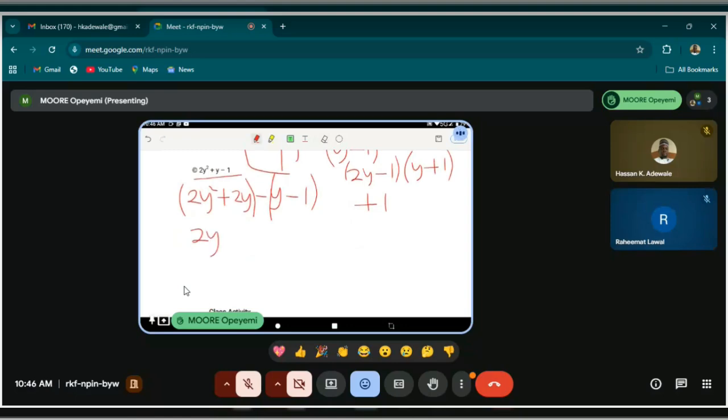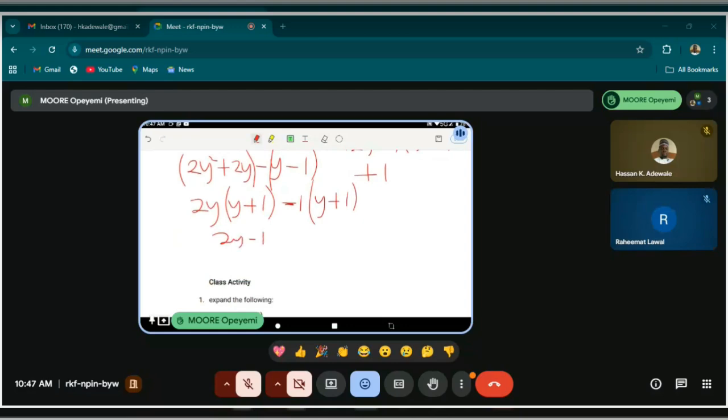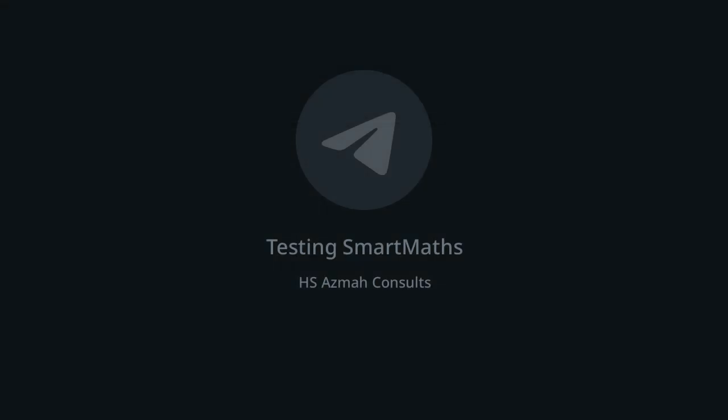Open bracket, we are left with y plus 1, minus what they have in common here, which is 1. Then you open bracket, y plus 1. You will be surprised. The sign inside the bracket will become minus because of this minus here. So these two are the same. You pick one. So we have 2y minus 1, then y plus 1. So with your answer, you can say very correct.